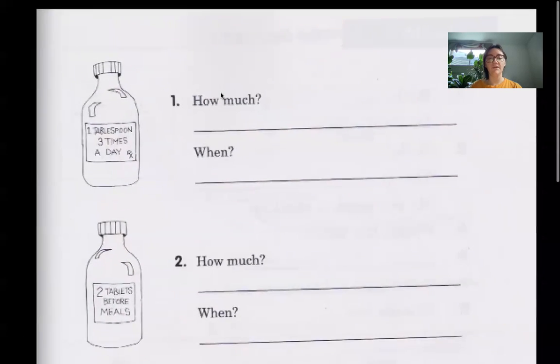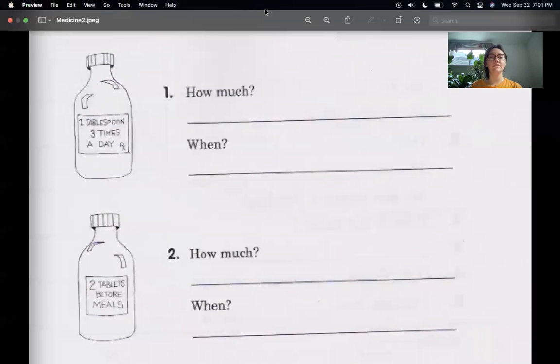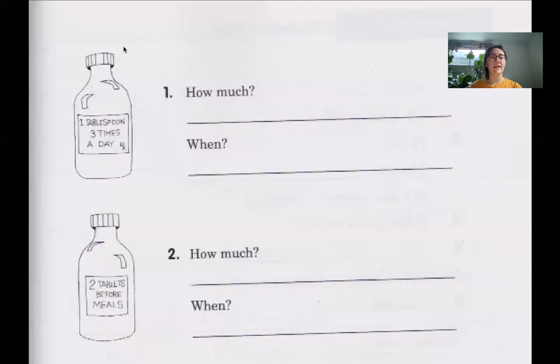Okay, so this is more medicine. All right, now let's look at this one. So this is asking how much, and this says 1 tablespoon 3 times a day. That's the prescription. That's what it tells you. How much? So we would say 1 tablespoon. When do you do this? It says 3 times a day.